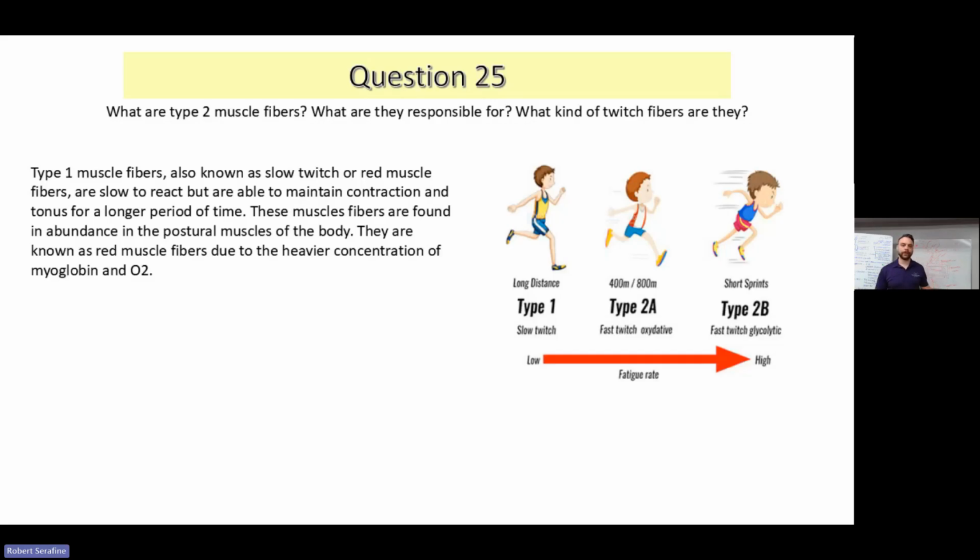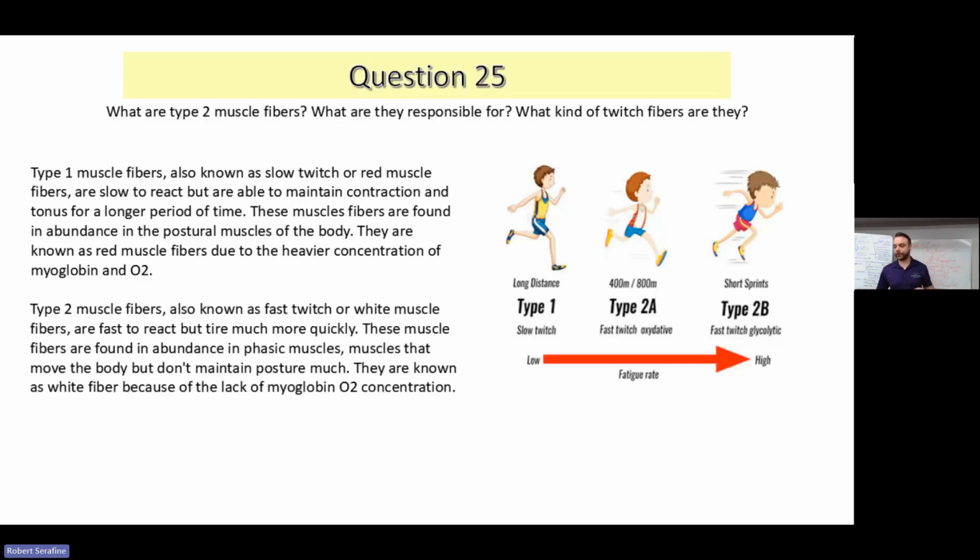In this case, type 1 was slow twitch, type 2 is fast twitch, and type 2 happens to be what we call white muscle fibers. Why? Because these muscle fibers just don't have as big of a store of oxygen as the type 1s.